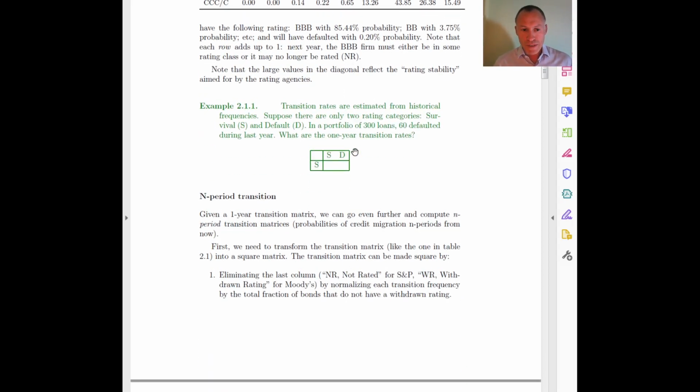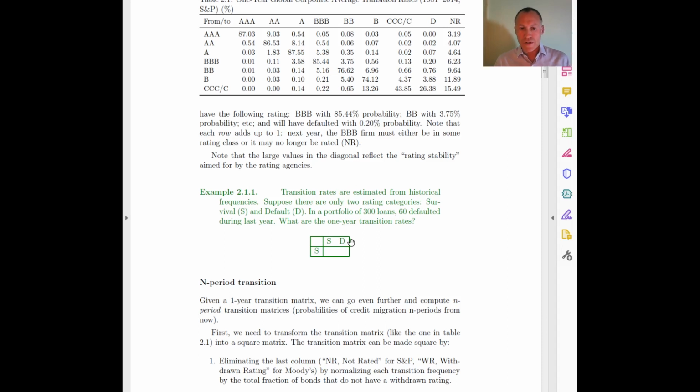How are these probabilities estimated? Well, they are estimated using historical data. So in a very simple example, like you see here, suppose that, to make this as simple as possible, there are just two possible categories. Either the firm 1 year from now is alive, in the state of survival, S, or it is in default. So how do credit rating agencies estimate these probabilities that you see here?